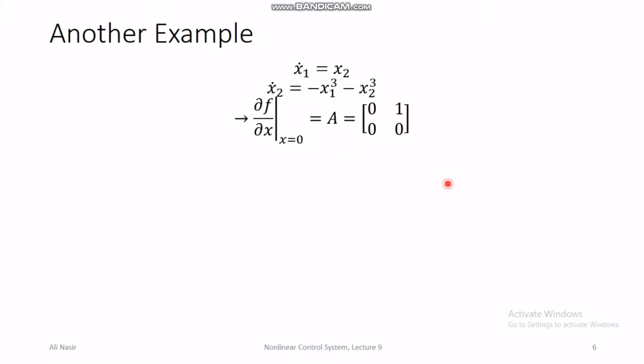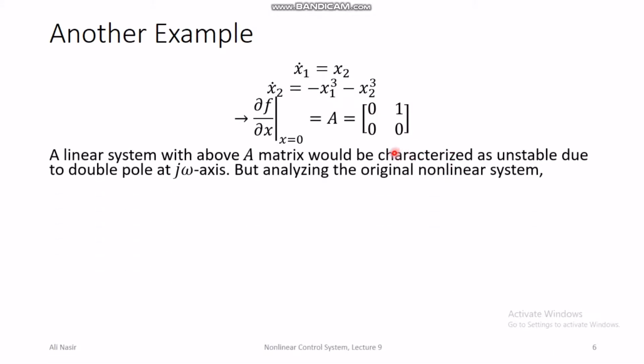But we know that if the eigenvalues are on the j omega axis and none of them is in the right half plane, then we cannot conclude anything about the stability of this equilibrium point from these eigenvalues.